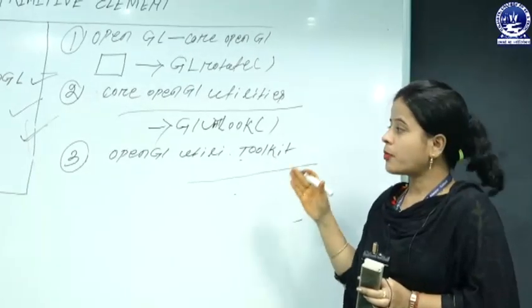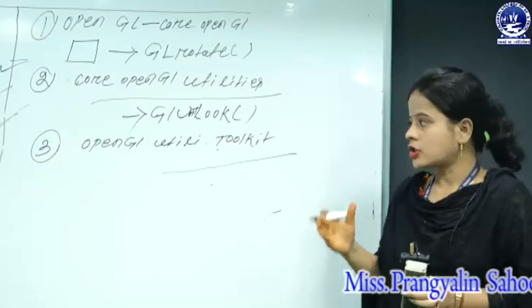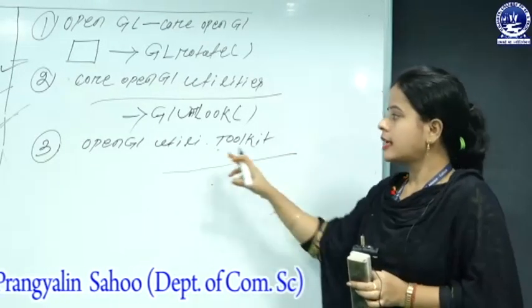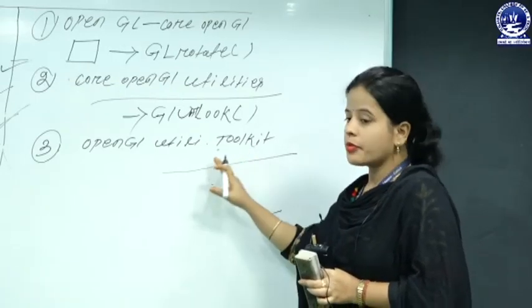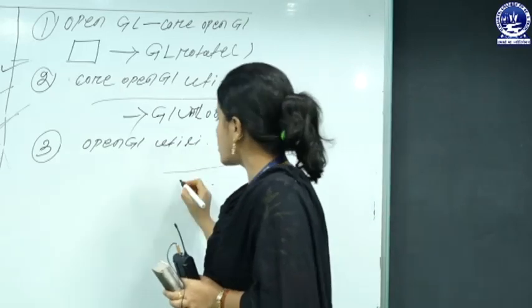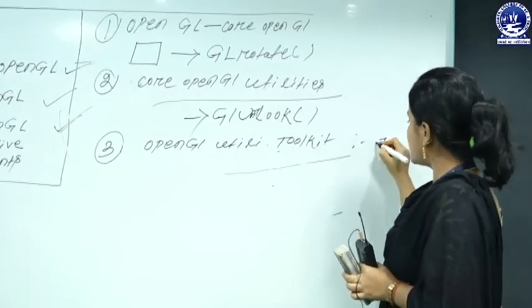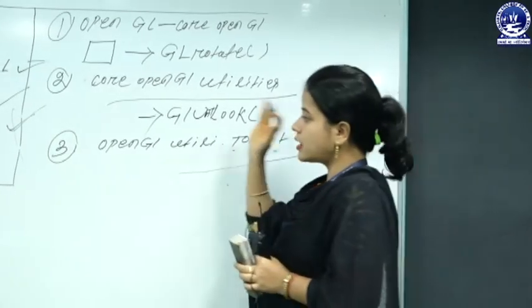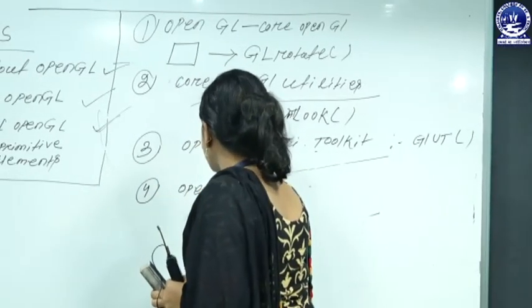That means if the programmer needs to handle mouse key pressure buttons and any types of different independent windows, in this case we use the OpenGL Utilities Toolkit. Whenever we use these functions, they are normally rendered with the given keyword, which is called GLUT.